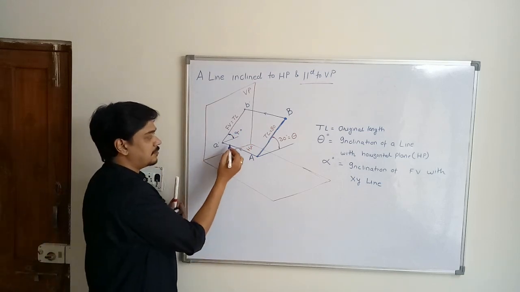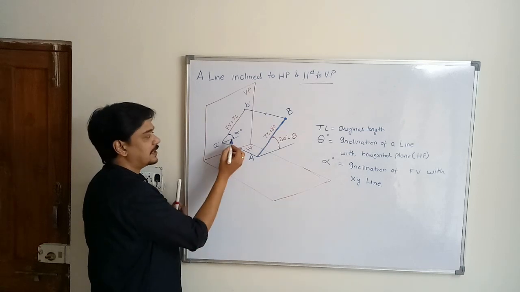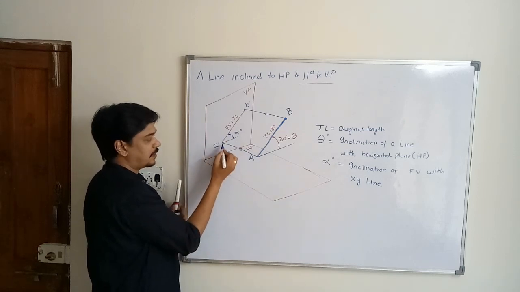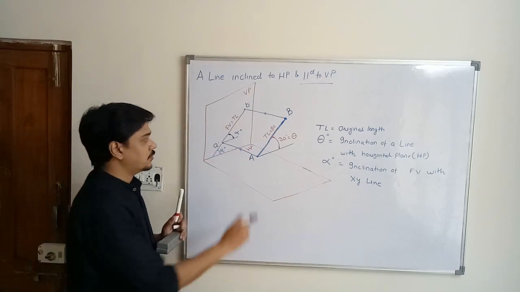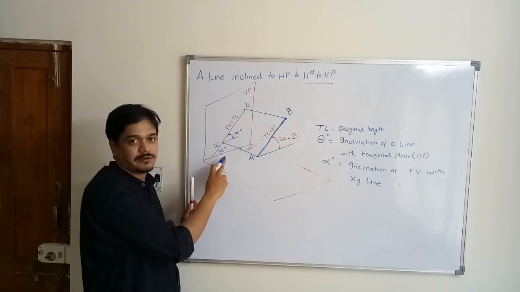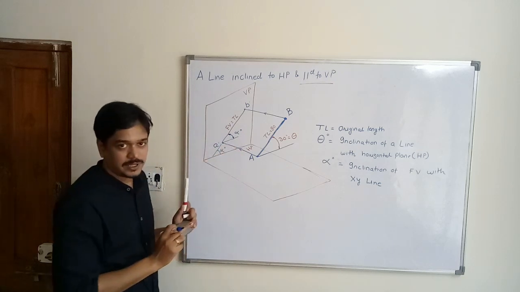Again it is with XY line, so definitely this angle will be equal to this angle if you extend this. So this alpha and this alpha is same. That's why I have indicated this alpha over here.